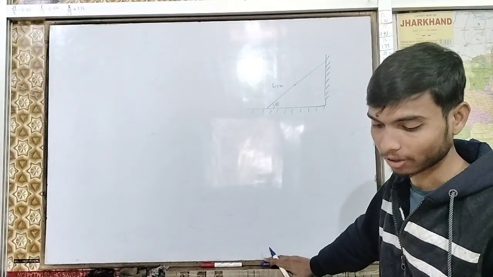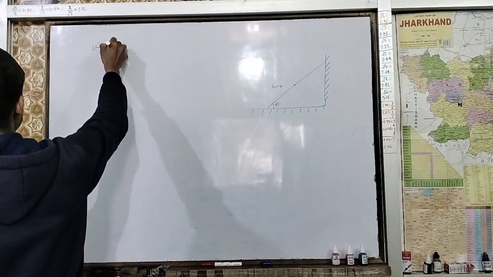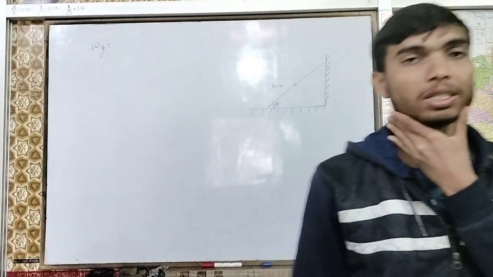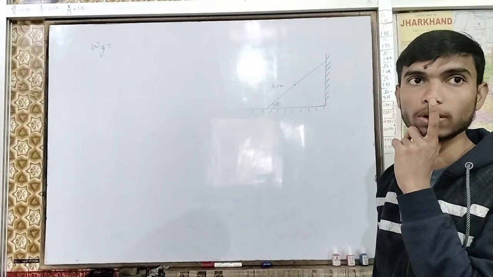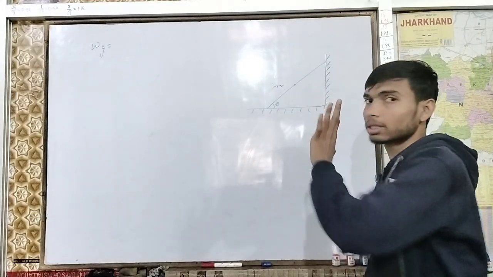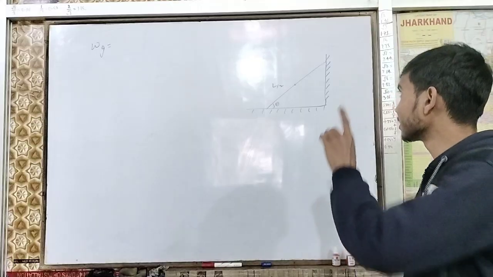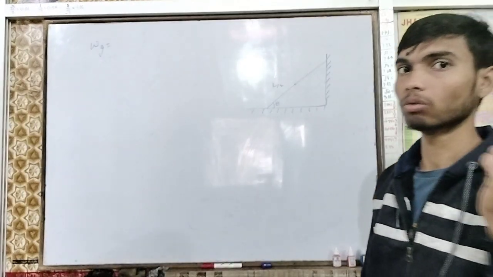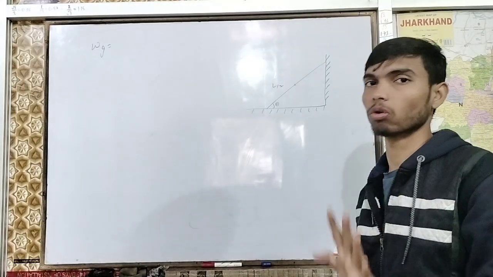Work done by gravitational force, it is asking what will it be? There is a ladder whose two end points are in contact with the ground and with the surface of the wall.